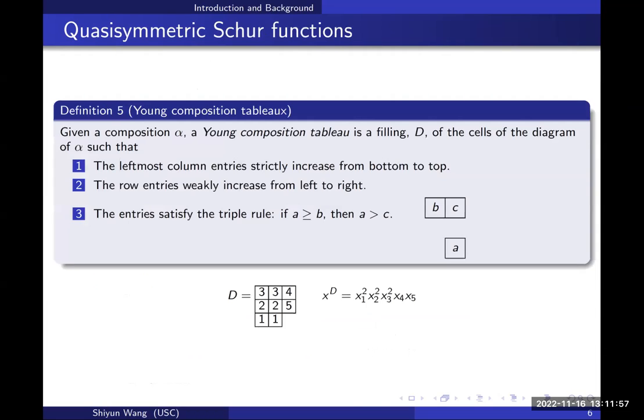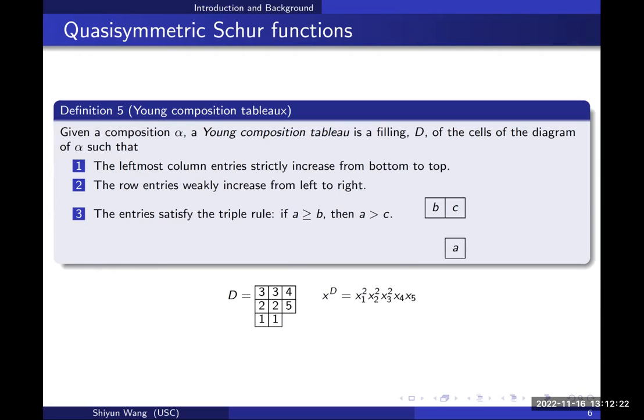For example, the very first one, the Young quasisymmetric Schur. The Young composition tableau is a tableau in the shape of a composition. The Schur has the shape of a partition, and now we have a tableau in the shape of a composition. For example, we still start from bottom to top. So this is a composition, 3, 3.